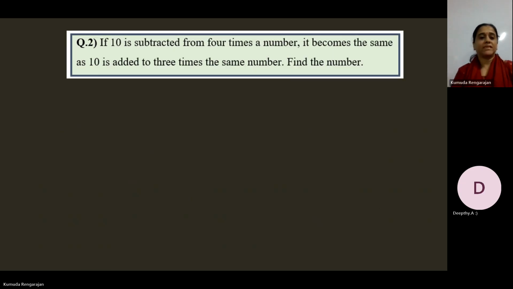Okay. If 10 is subtracted from 4 times a number, it becomes the same as 10 added to 3 times the same number. Find the number. I want it from your end. Deepti, try this one.